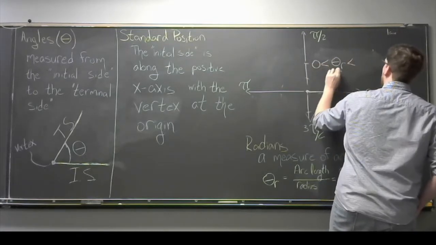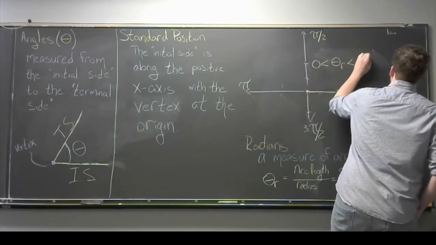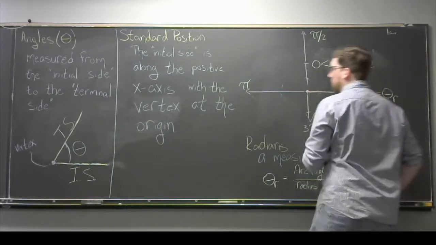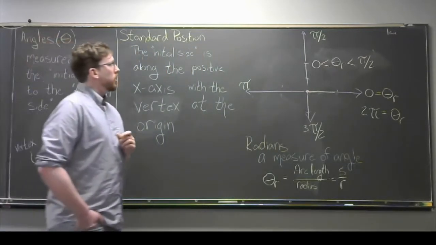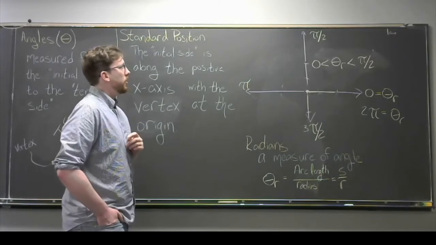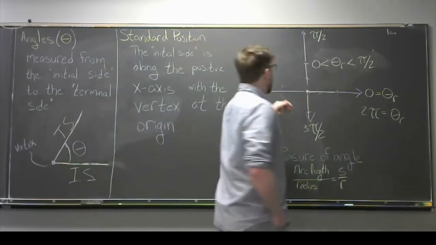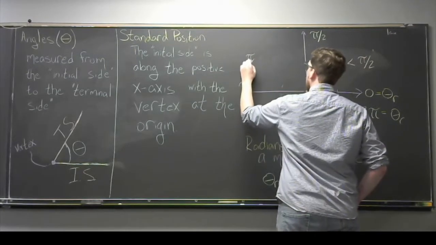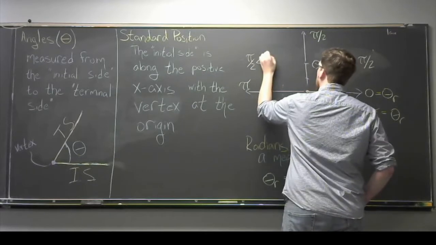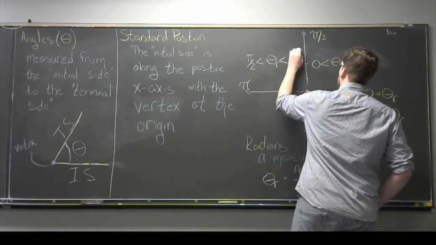then our angle measured in radians will be between 0 and pi over 2. In the second quadrant, it's going to be between pi over 2 and pi.